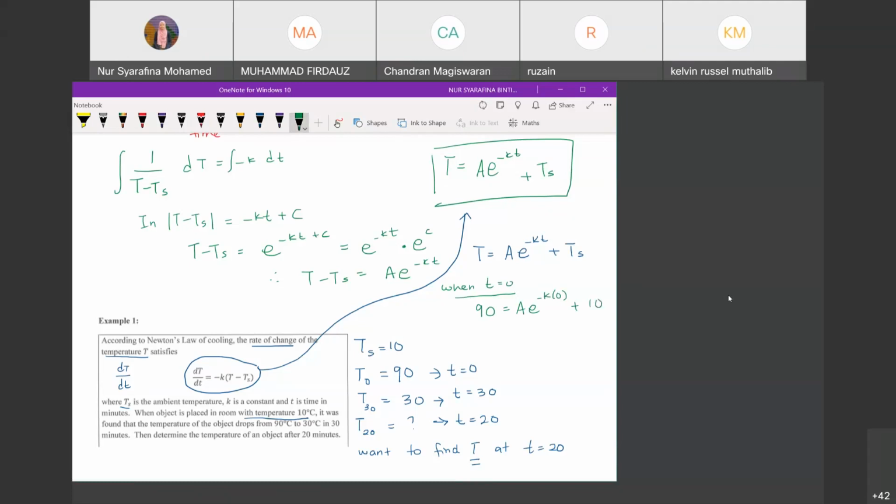So from here, you know that A equals what? A equals 80. Done with this first condition. Then, when t equals 30, what will happen to the temperature? The temperature becomes 30, and you know your A already. T is 30, and from here, you can find your k.